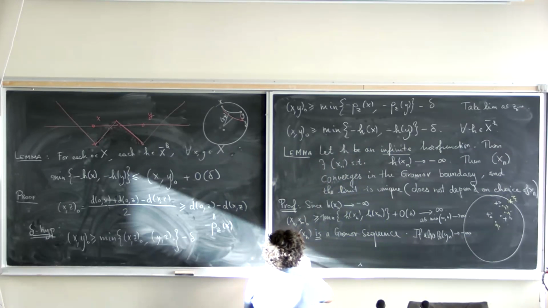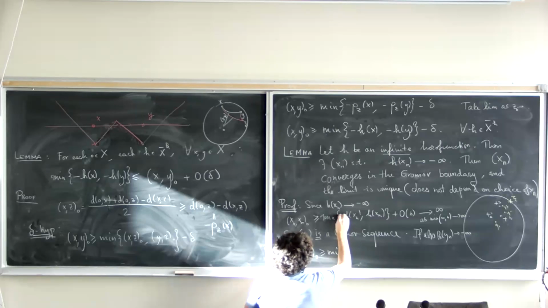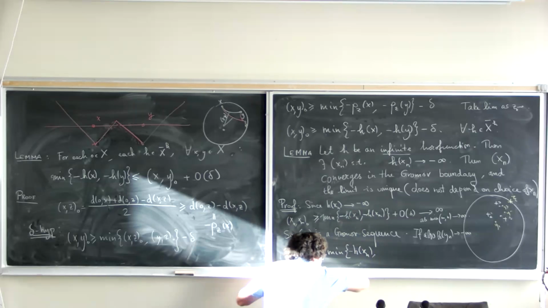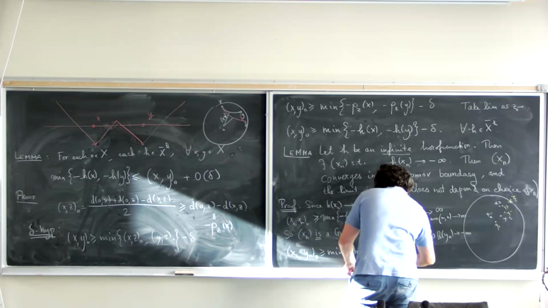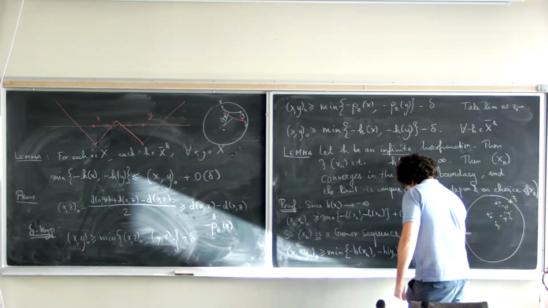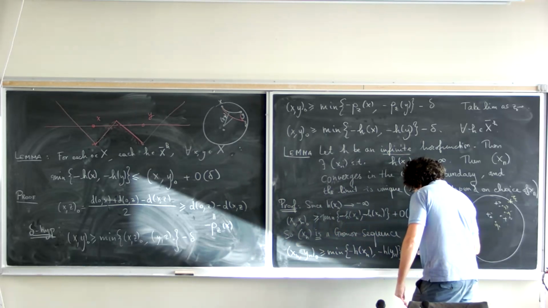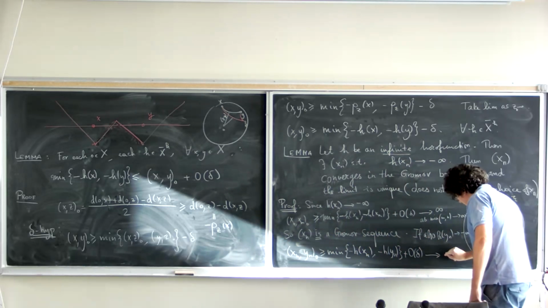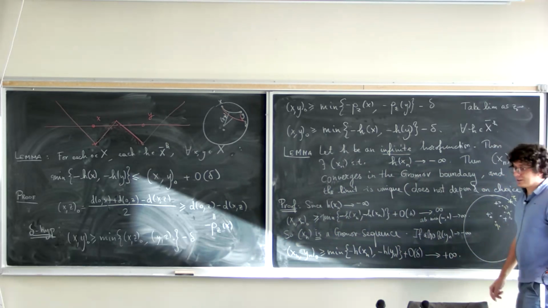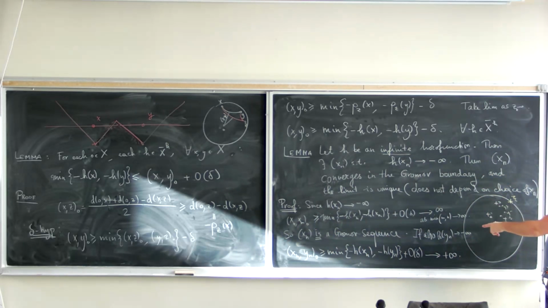So we would have that (xn, yn) at O is bigger than the minimum, I guess minus here because we go to infinity, so minus h of xn minus h of yn plus O of delta. This also goes to plus infinity. And this is exactly the definition that we gave of equivalence between Gromov sequences. So they converge to the same point.